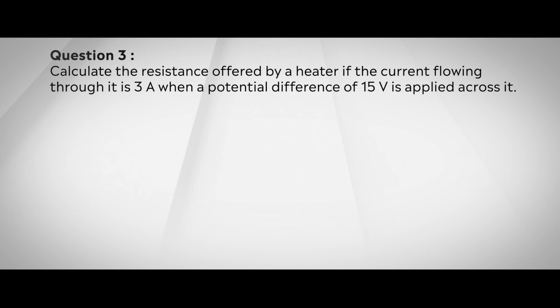Now let us look at the third problem. Calculate the resistance offered by a heater if the current flowing through it is 3 amperes when a potential difference of 15 volt is applied across its ends. As always, list the given things. Given current I is equal to 3 amperes, voltage V is equal to 15 volt, resistance is not given.